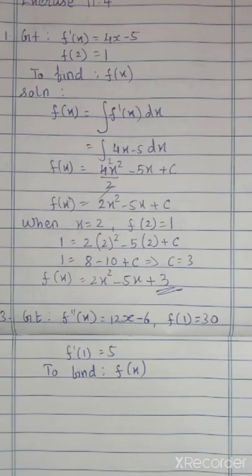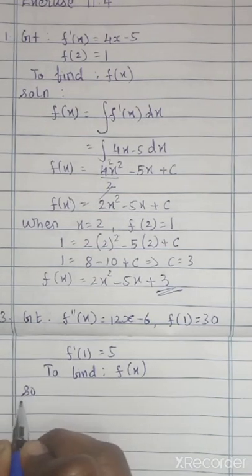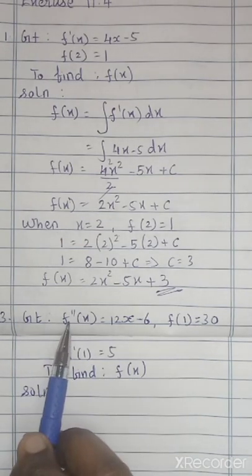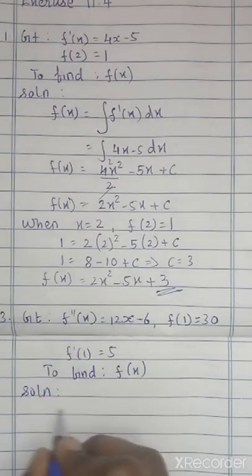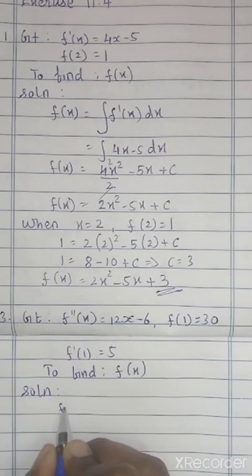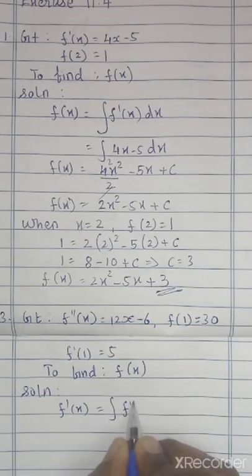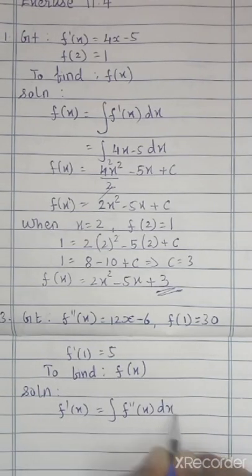Okay, so for the solution, how can we start? From this f double dash, first we have to find f dash, then we are going to find f of x. And your formula is f dash of x equal to integral of f double dash of x dx.